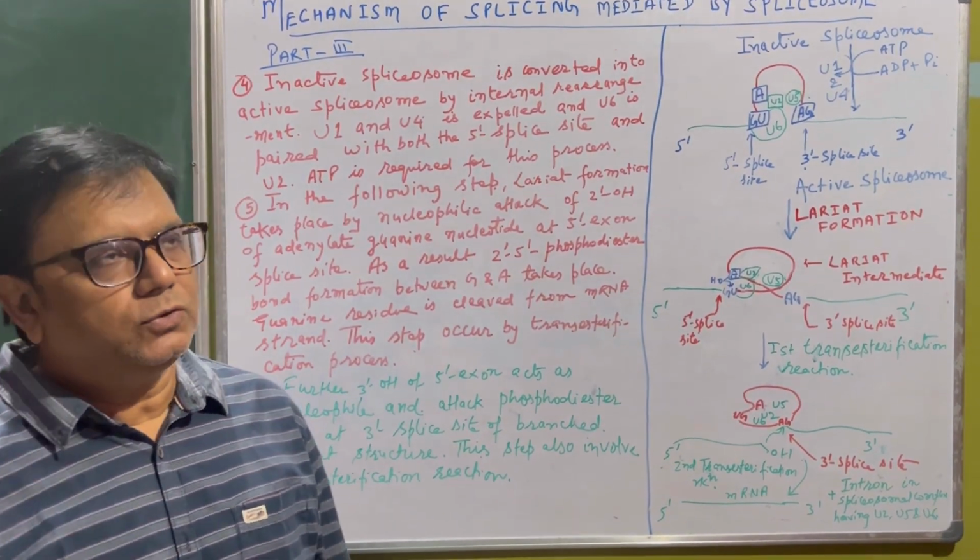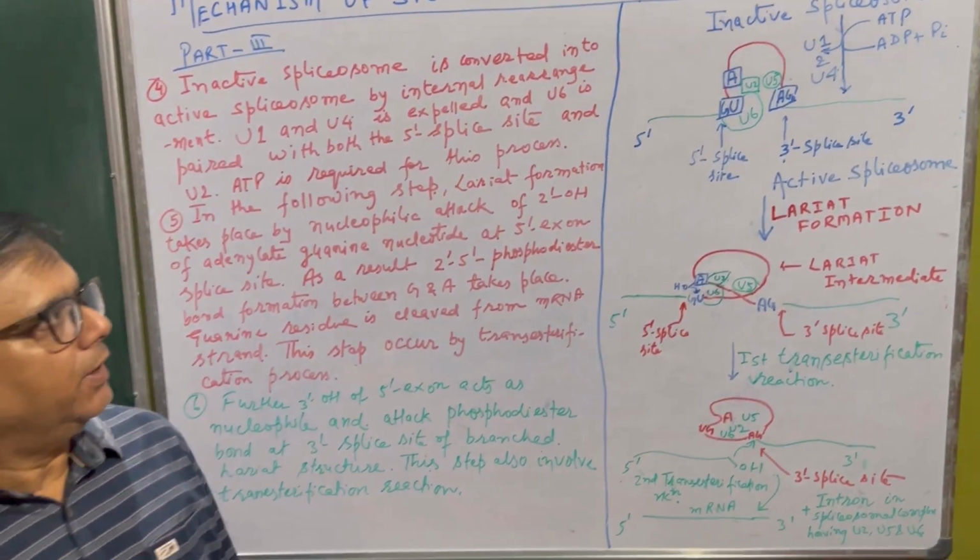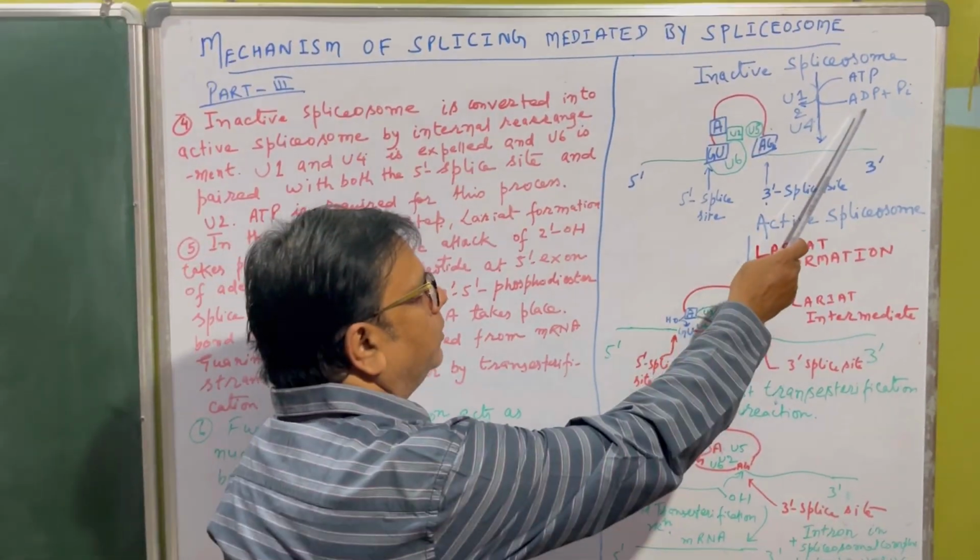In the next step, U1 and U4 will be expelled from the complex, and ATP will be required for this process.